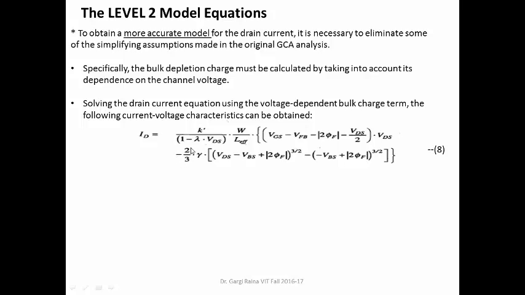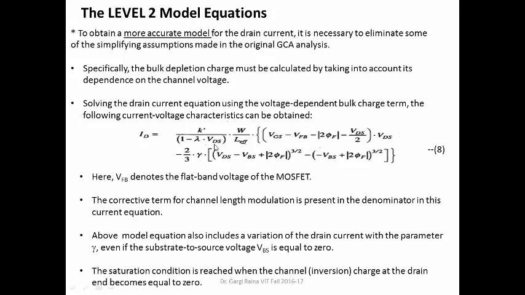As you remember, we had discussed this. If we do not ignore the variation of this bulk charge term as a function of x in the channel, then this is the additional term that we obtain to be included in the expression for the ID current. Here FB denotes the flat band voltage of the MOSFET.